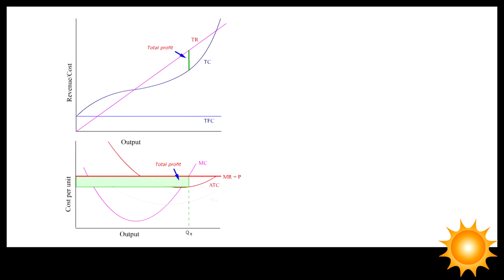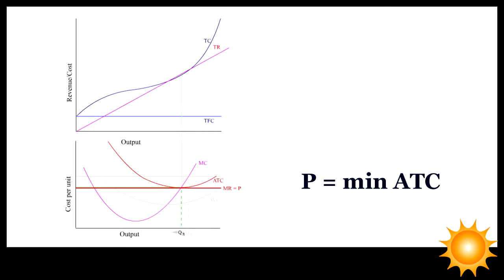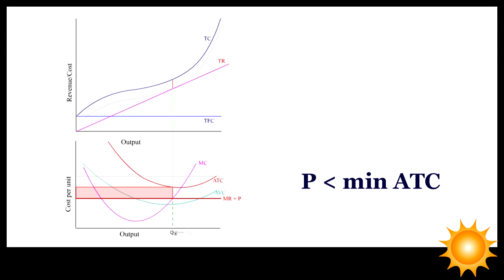Suppose that the price were to fall. When P is equal to minimum ATC, total profit is 0. When P falls below minimum ATC, each unit would incur loss by bringing in less revenue than the per unit cost.